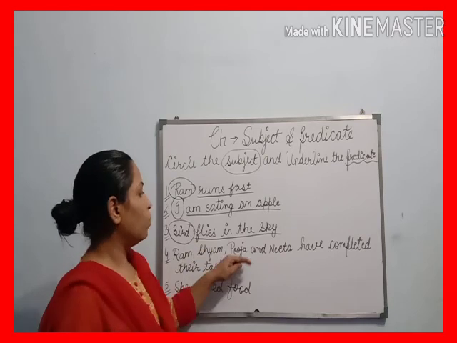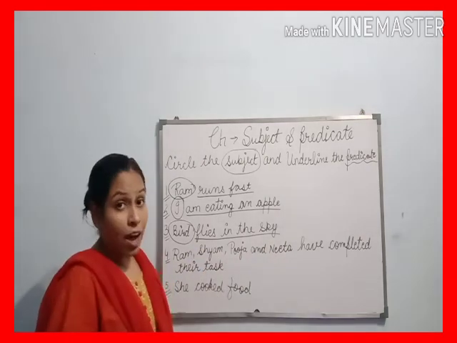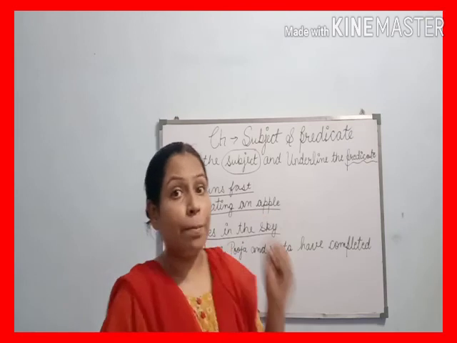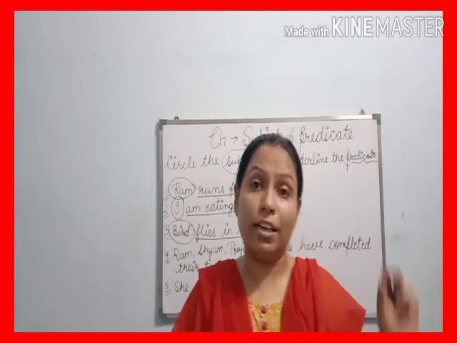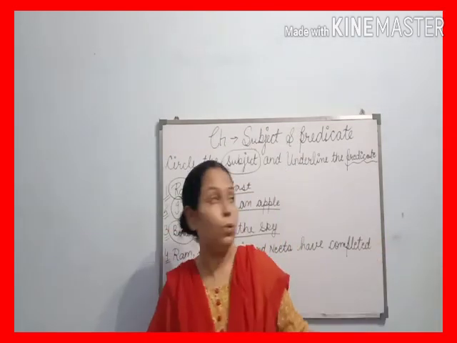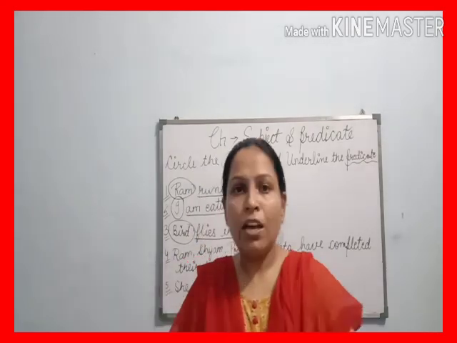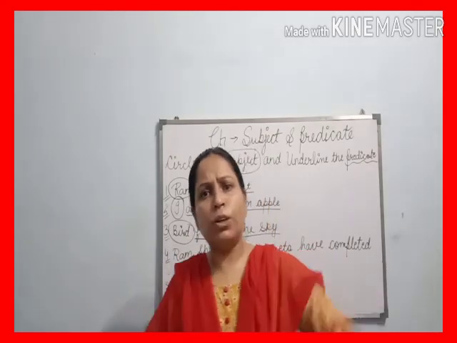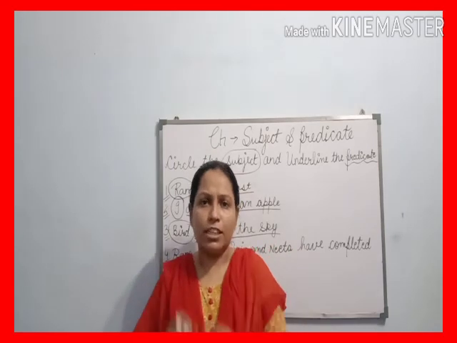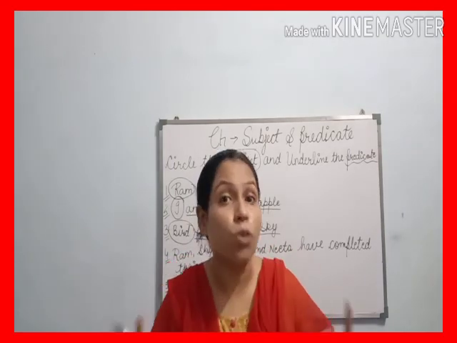Ram, Sham, Pooja and Neeta have completed their tasks. Now the mistake you commit in the questions when you practice these subject and predicate: students basically think that the first word is the subject, but it is totally wrong beta.